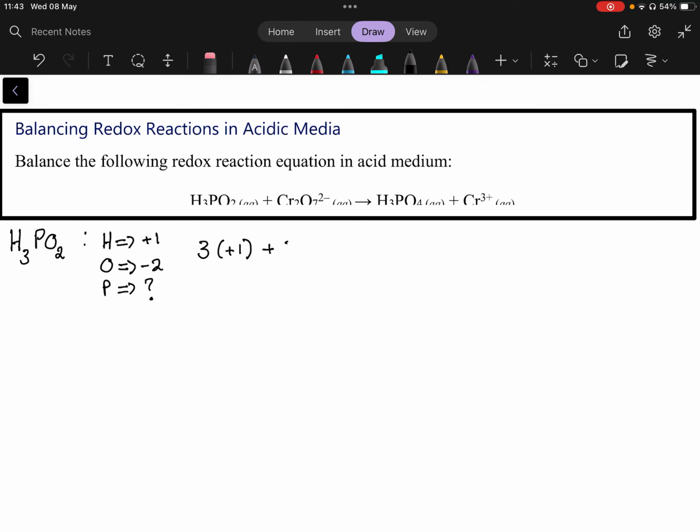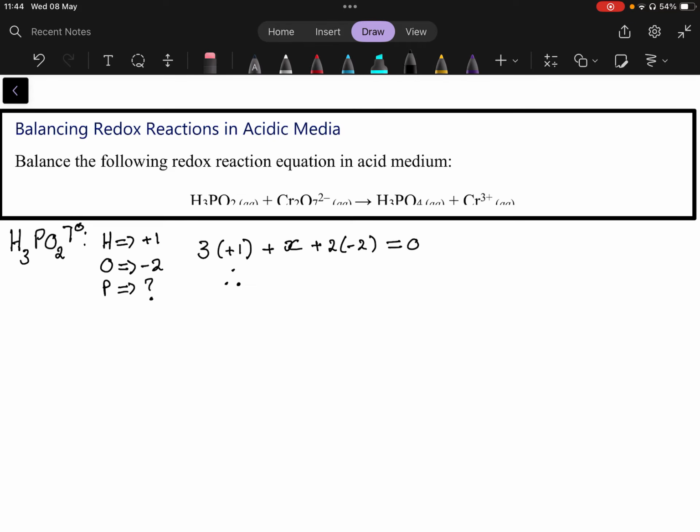There is 1 phosphorus, so we give that an X, which we just want to solve for. You can call it whatever you would like, the oxidation number of phosphorus or whatever symbols you want to use. And then for oxygen, there are 2 oxygens and each of them carry a -2 charge. The overall charge of this species is 0 because it's a neutral compound.